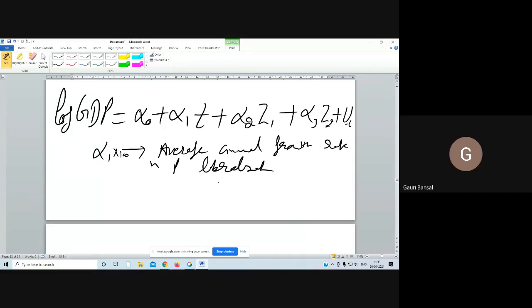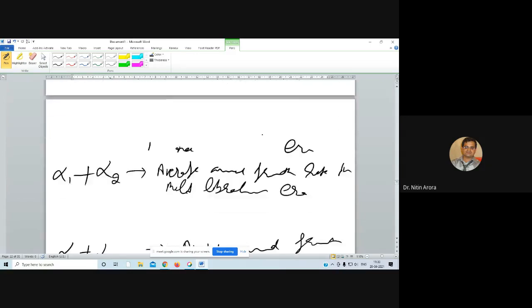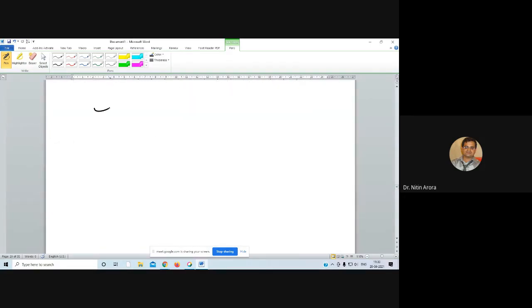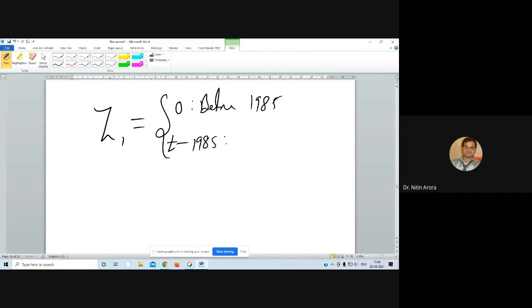We are having two breaks in terms of Z1 and Z2. Z1 is 0 before 1985 and T minus 1985 from 1985 onwards.